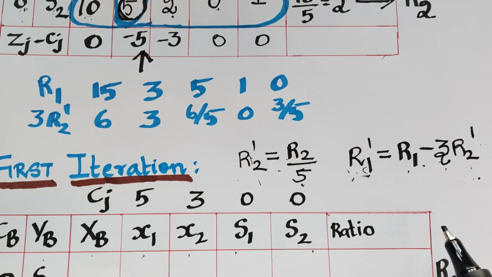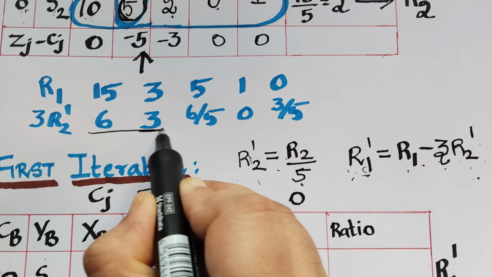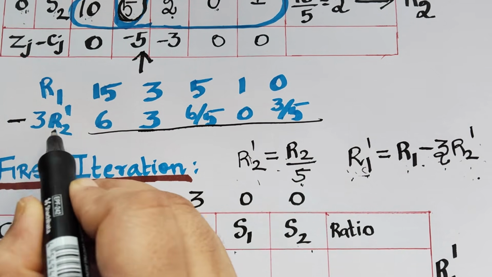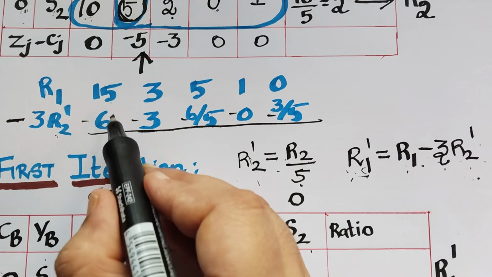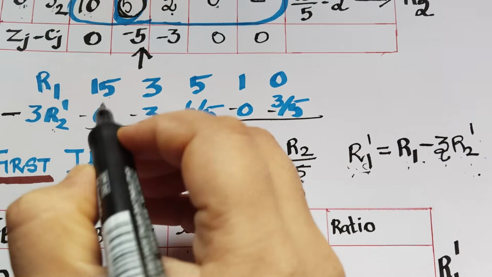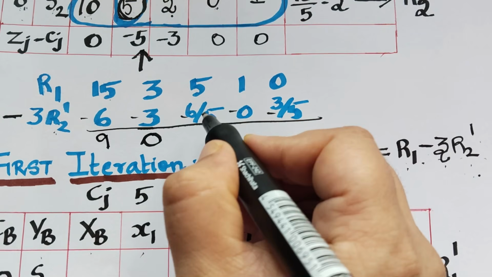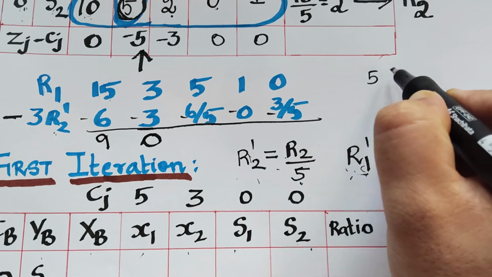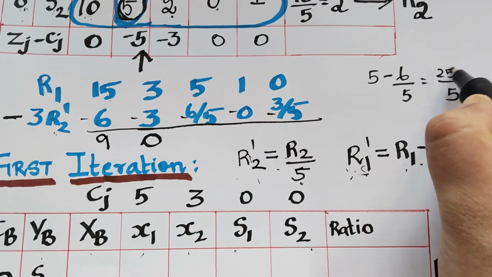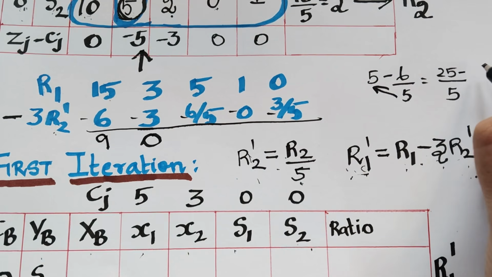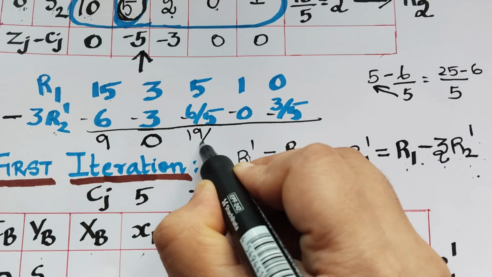Now after writing this, what we want is R1 minus 3R2 dash. So subtract at all the places. 15 minus 6 will be 9. And then 3 minus 3 is 0. 5 minus 6 by 5: what is that? 5 is the LCM, so 25, because we have to cross multiply. 25 minus 6 will be 19 by 5.